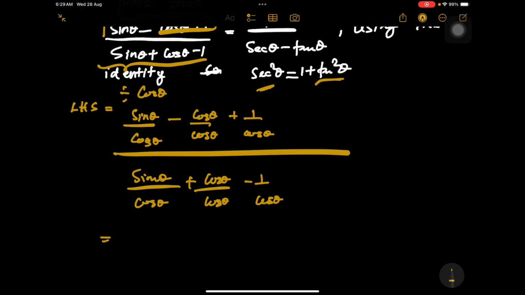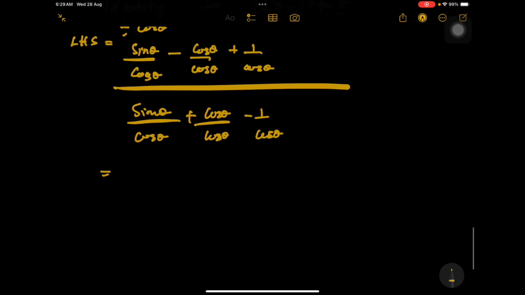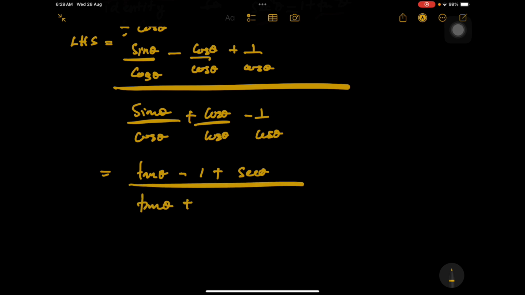So sin theta over cos theta is tan theta. That's why we created this, because the RHS is everything in tan and sec. So minus 1 plus 1 over cos is sec theta. So tan theta plus 1 minus sec theta.